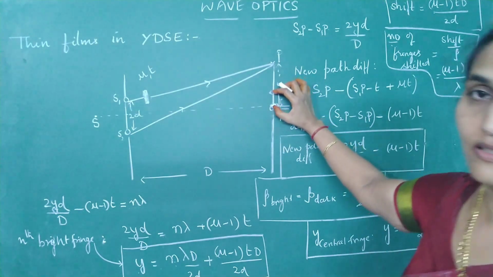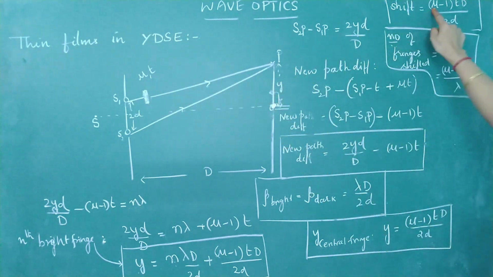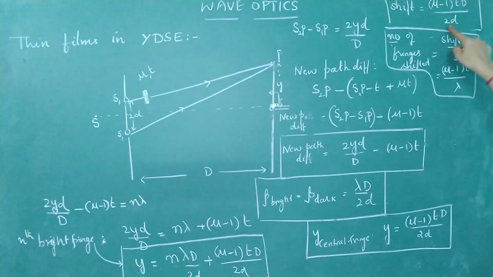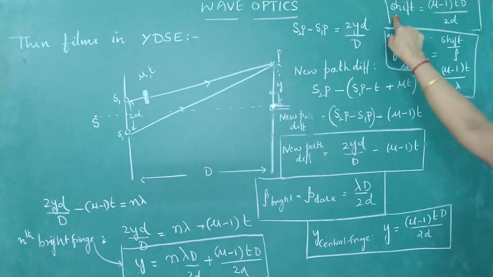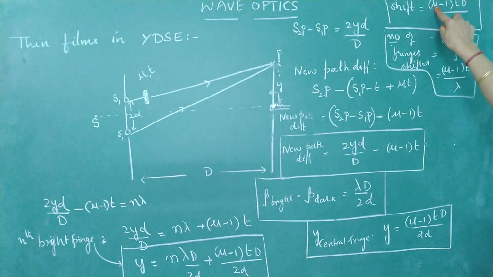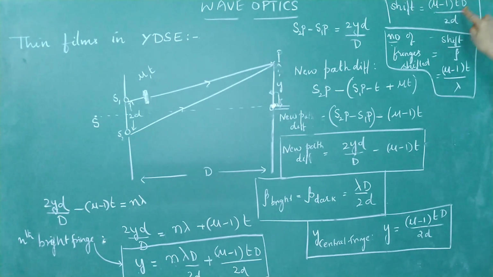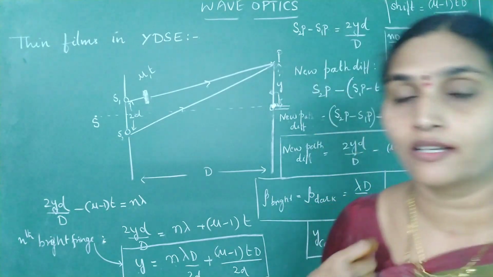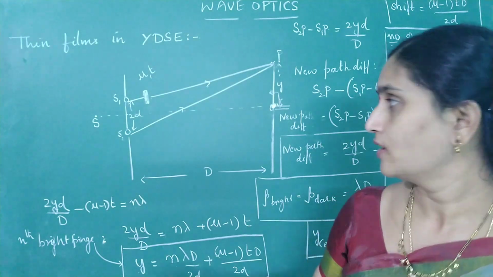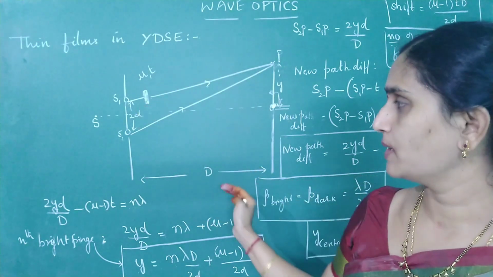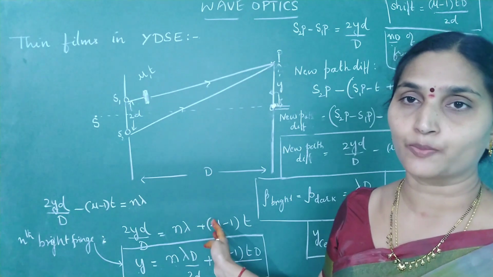The formula for shift is (mu minus 1) t capital D by 2d. The shift we have calculated, mu is given, capital D we know, and 2d also we know. So can you determine the thickness of the thin film? This is one way to determine the thickness of thin transparent films using Young's double slit experiment.